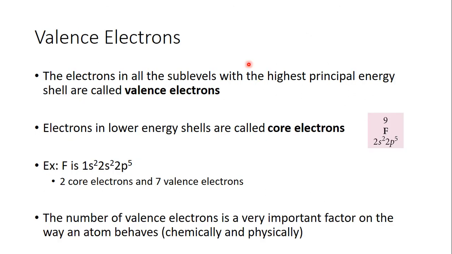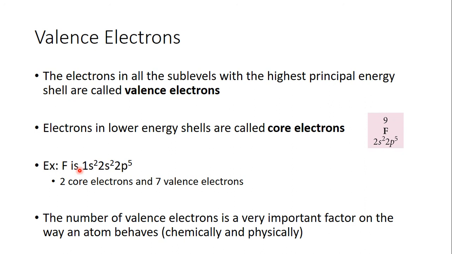The last thing we're going to talk about for this problem set is the idea between valence electrons and core electrons. So in chemistry, only the valence electrons really do any interactions, any chemical processes, or any chemical reactions. Core electrons do not. And the difference between core and valence is this primary energy number.